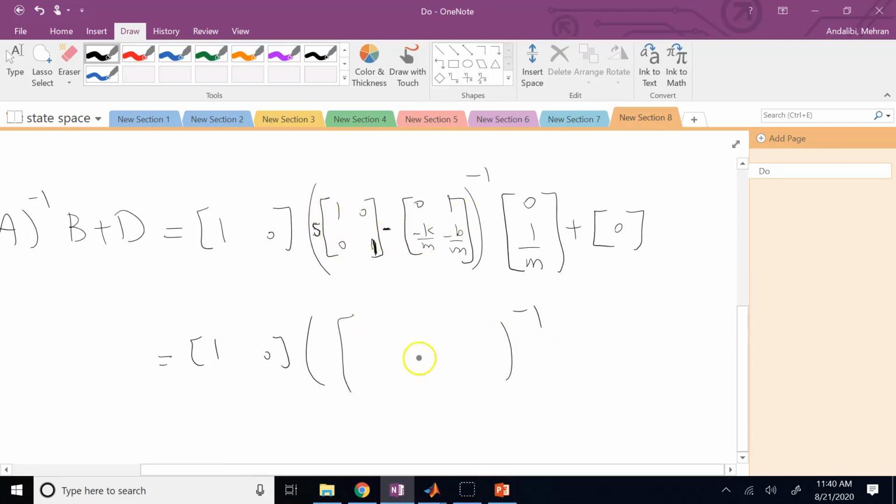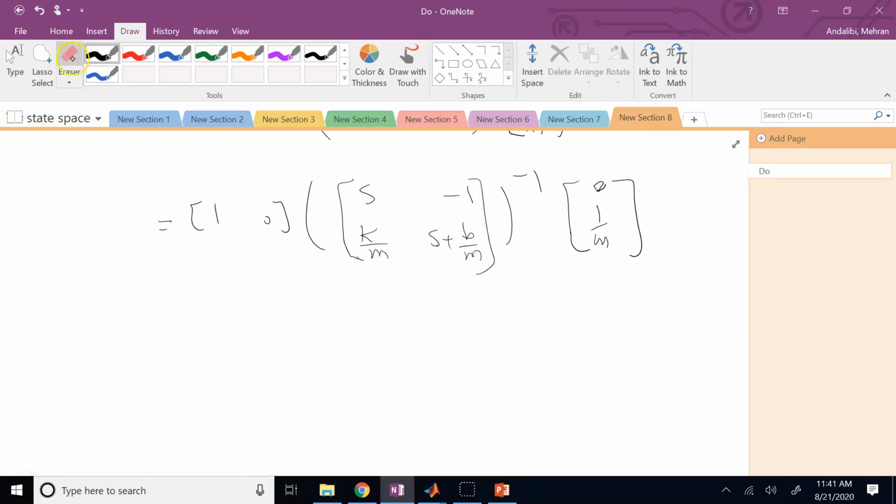So the resulting matrix here is going to be basically S, negative 1, K over M, and S plus B over M. And then you multiply that by 0 and 1 over M. And that D is nothing, so just neglect it.